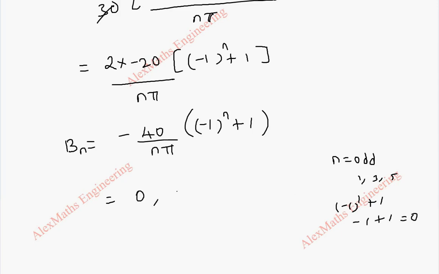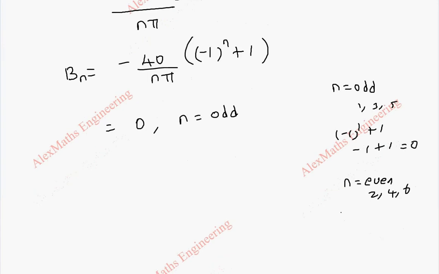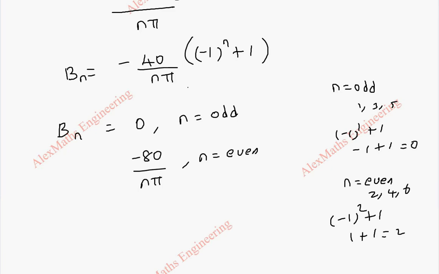So this is 0 when n is odd, and when n is even, like 2, 4, 6, the term minus 1 whole power 2 plus 1 becomes 1 plus 1, which is 2. Already there is minus 40, so into 2 is minus 80. So this will become minus 80 by n pi when n is even. So this is the value of bn.